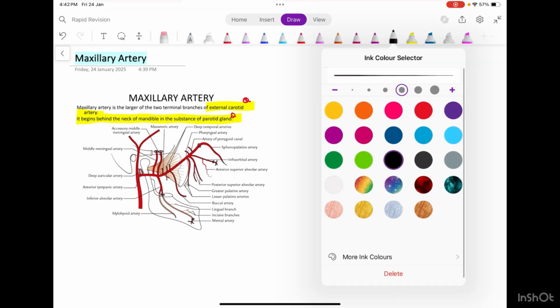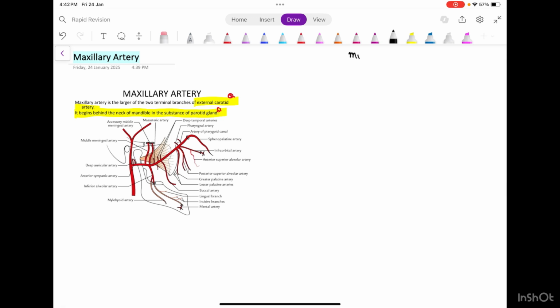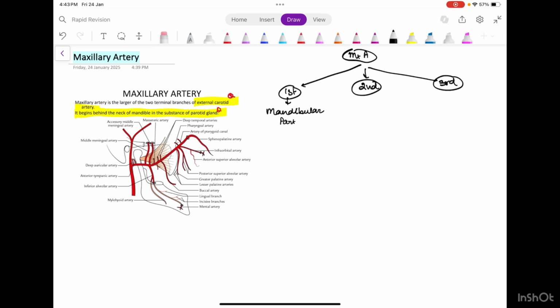First of all, you should know that there are three parts of the maxillary artery. First is called the mandibular part, second is called the pterygoid part, third is called the pterygopalatine part.